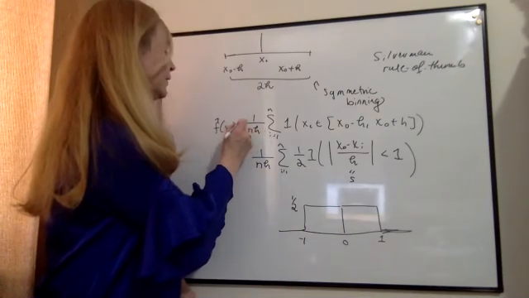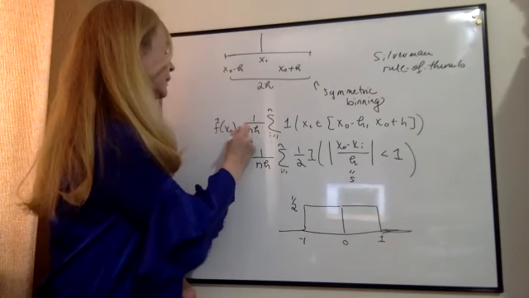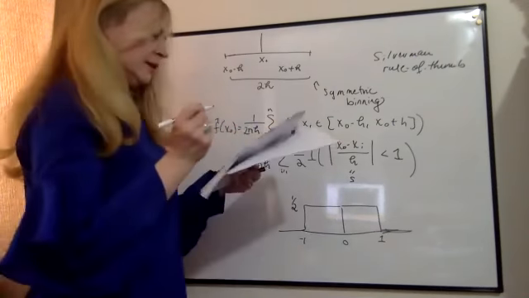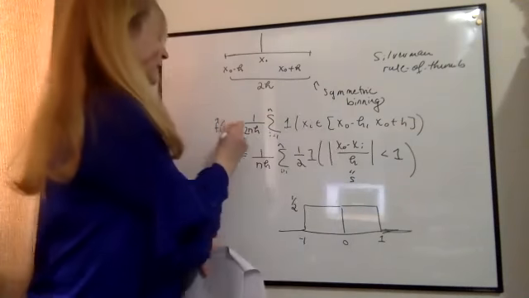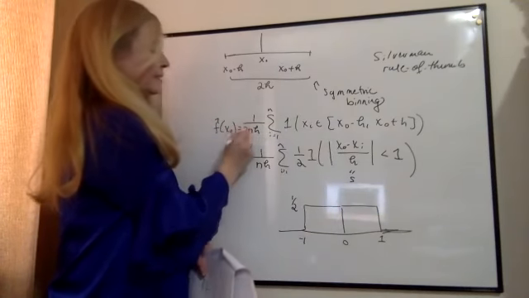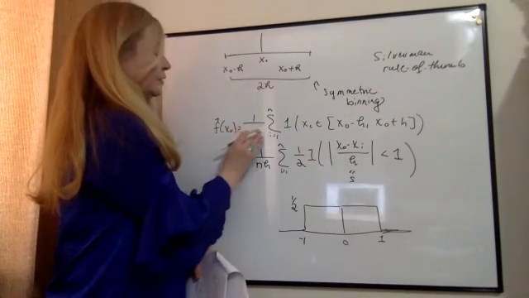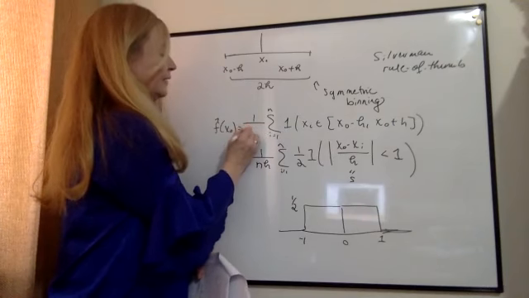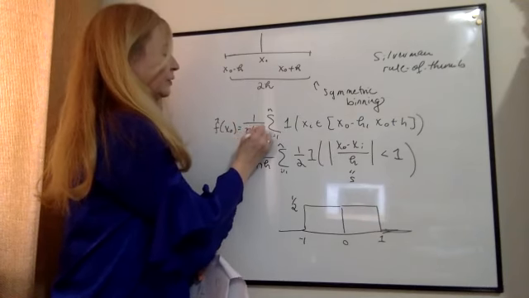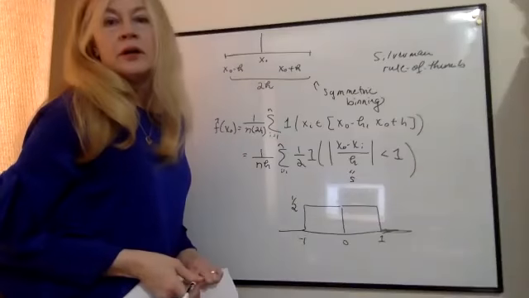Oh, yeah, this is where the 2's missing. Actually, this should be 2 because the width of the bin is now 2h. So this should be n times 2h.